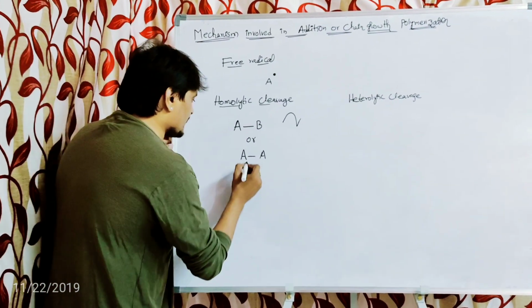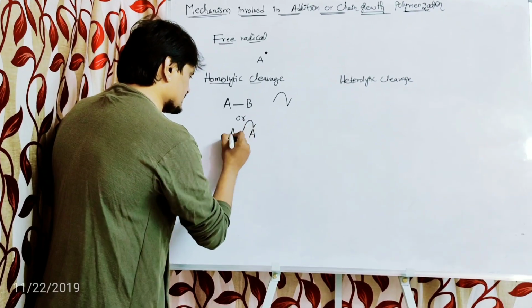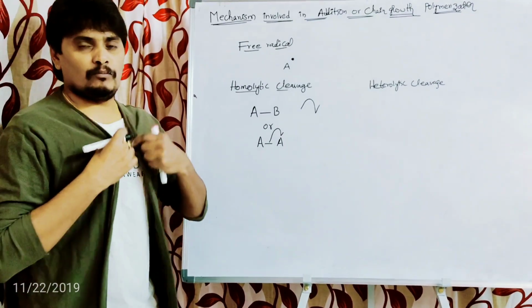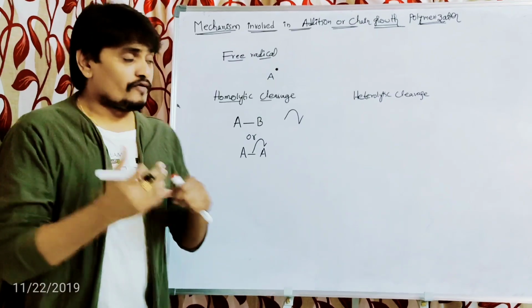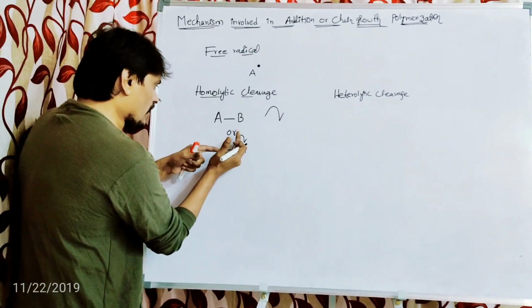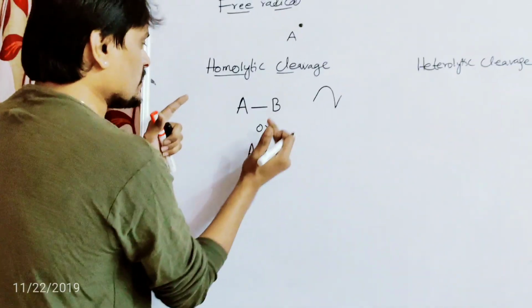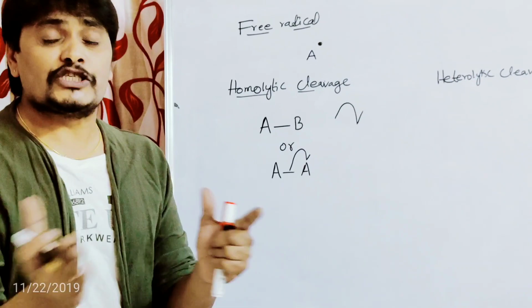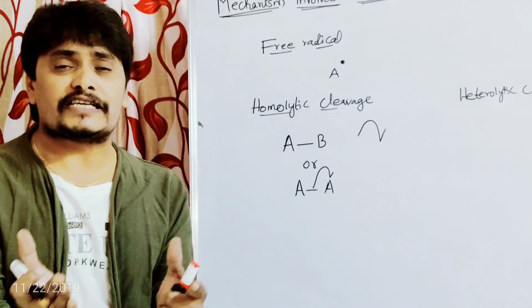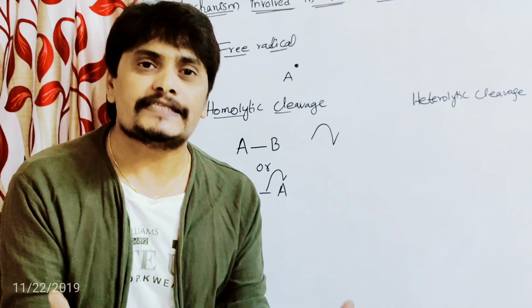Now let us say that the electrons are moving from this A to this A. We can orient this arrow mark heading towards the left A or heading towards the right A, because there is no electronegativity difference between the two adjacent A's, as both are one and the same.